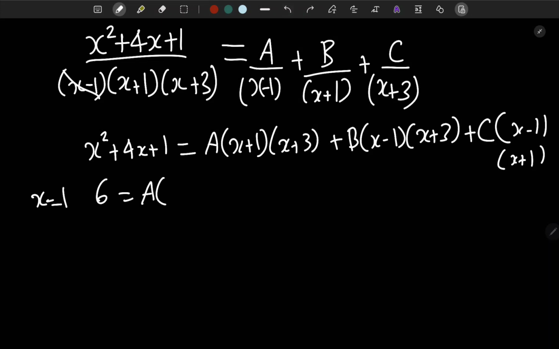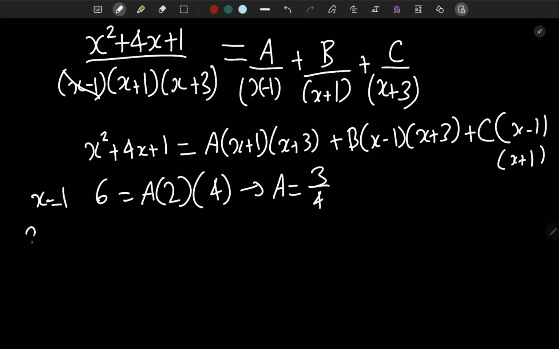So we will be only left with the a part. So it's going to be a into 2 and 4, and a is therefore just going to directly solve for it. It's going to be 6 over 8, so 3 over 4.